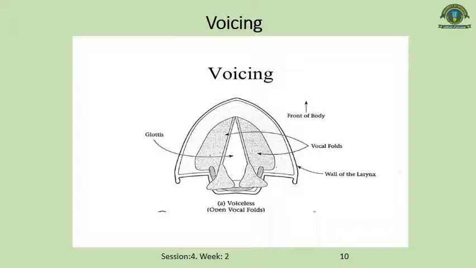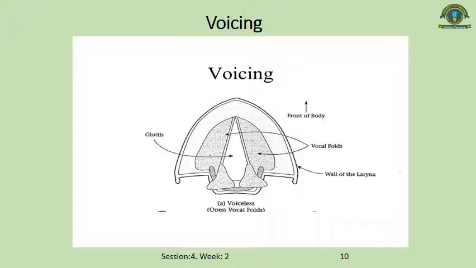What happens when the vocal folds are not closed, they are open during the production of some sort of speech sound? At the moment when I'm talking about speech sound, I'm simply focusing on the consonants. Yes, exactly, I'm referring to the consonants when they are spoken, when they are produced. And this is the position of vocal folds. We have to call them voiceless sounds.